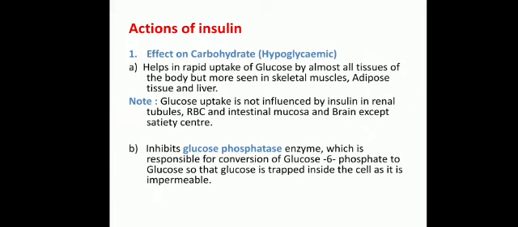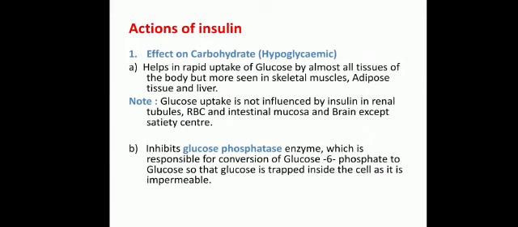That needs to be kept in mind. For glucose to enter the satiety center in the hypothalamus, insulin is required. In all the rest of the brain, the intestinal mucosa, red blood cells, and renal tubules, glucose can enter without the influence of insulin.